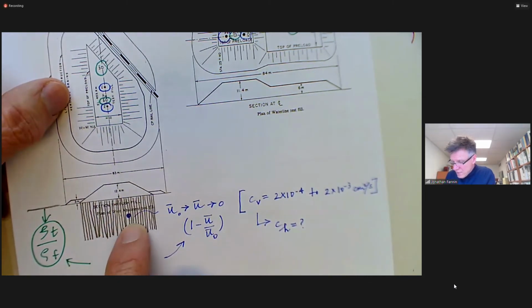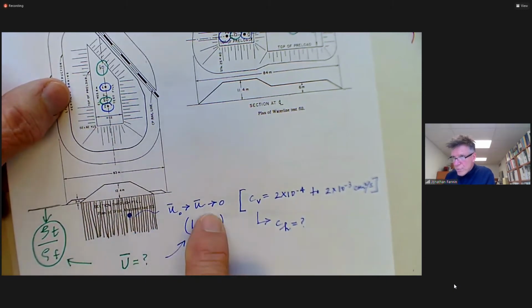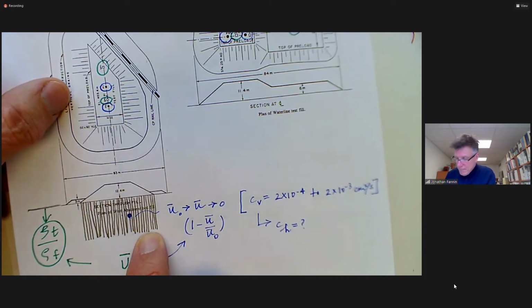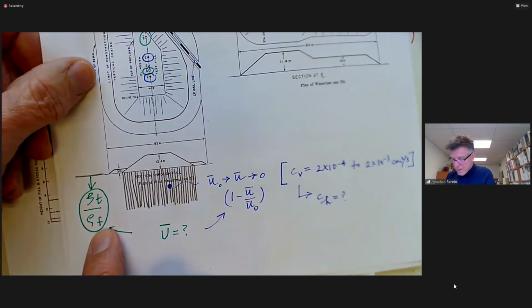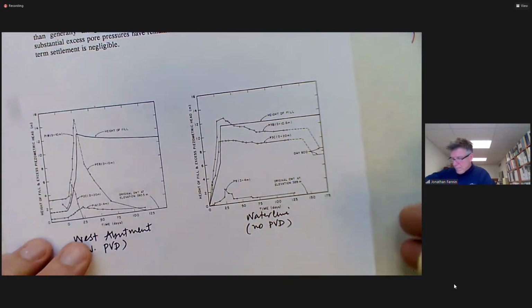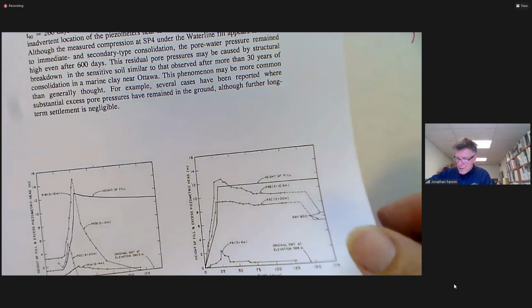Not down at 20 meters depth with all of these wicks. So the use of pore water pressure data to interpret the behavior of a wick drain embankment, very tricky. Settlement data, very, very useful. Okay, there's a pragmatic take-home message. So we come out of this and we're going to say, you know, the settlement data are key.